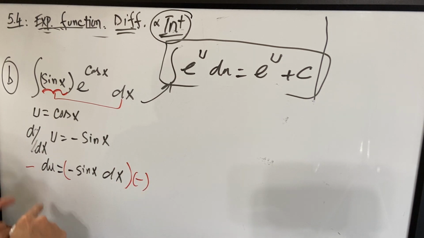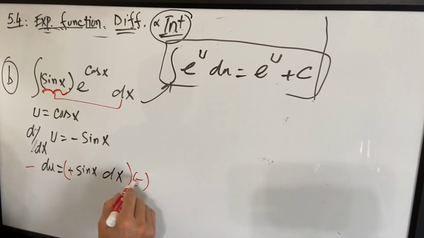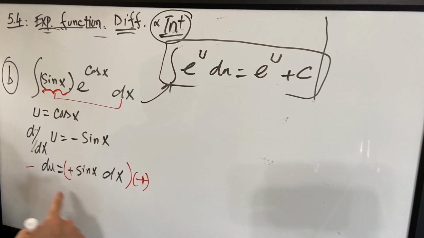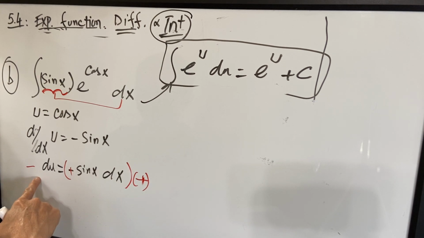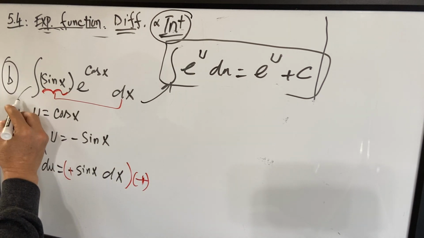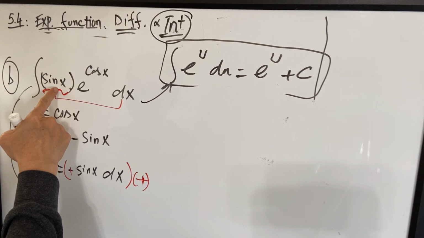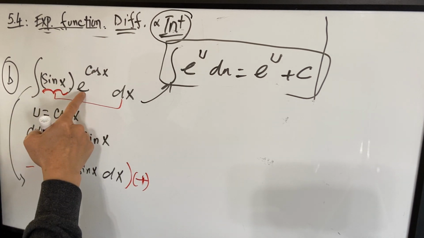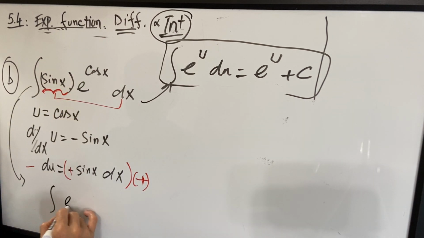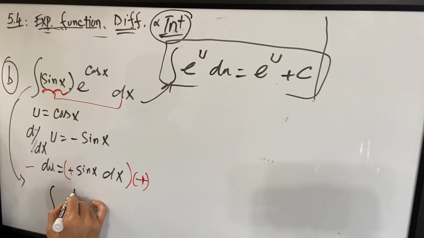I don't have space, so I just do that for you. So that now turned into positive. And now you have sine x dx equals negative du. All you do right now is plug it in. So now this turned into what? This now turned into, okay, sine, there we go, look, e to the cosine x, which is e to the u.